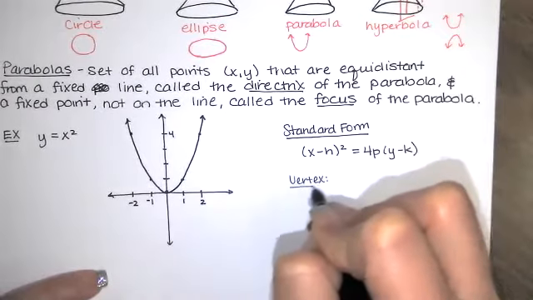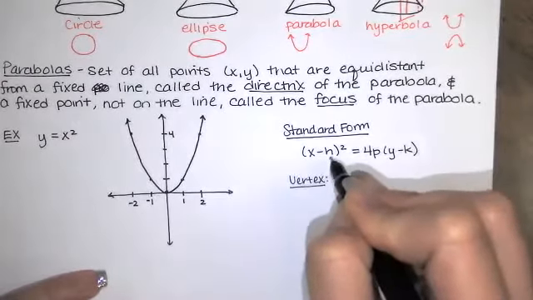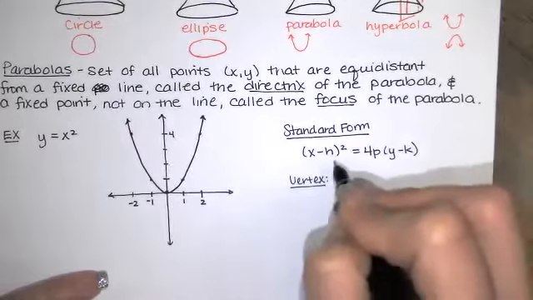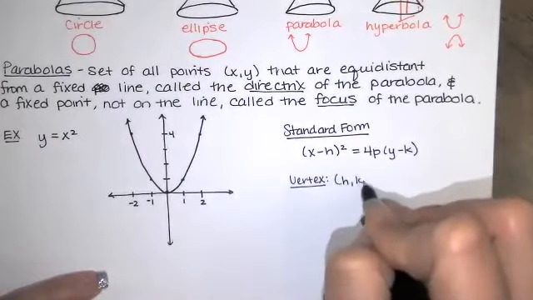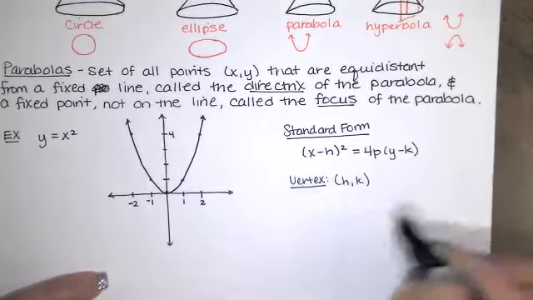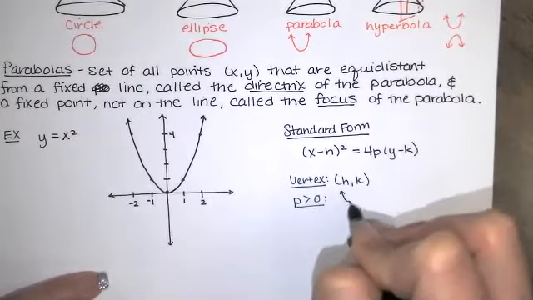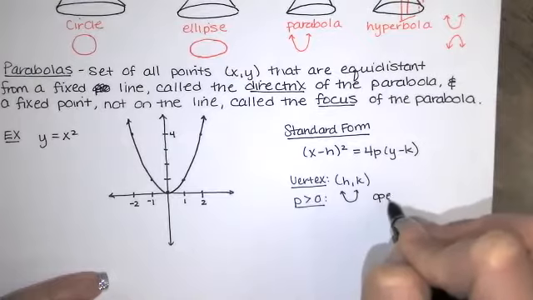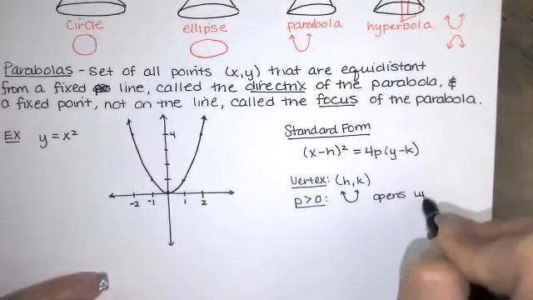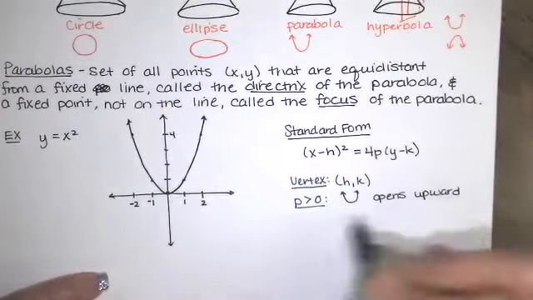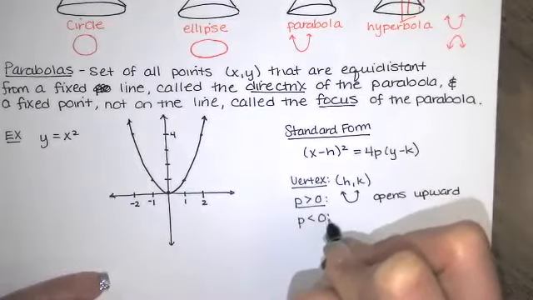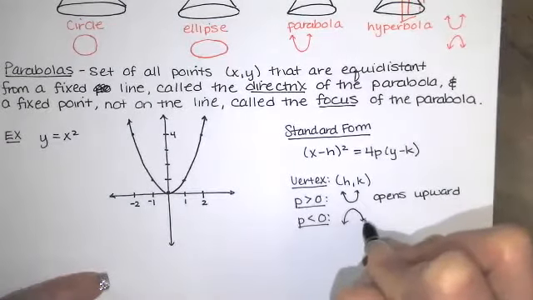So here's our standard form. The vertex comes from the number that we're subtracting from the x and the y. So we'll call those h and k. If p is positive, your parabola is going to open upward. If p is negative, the parabola opens downward.